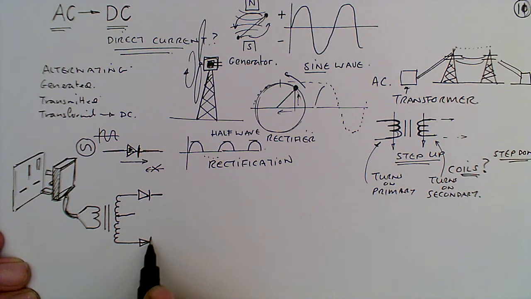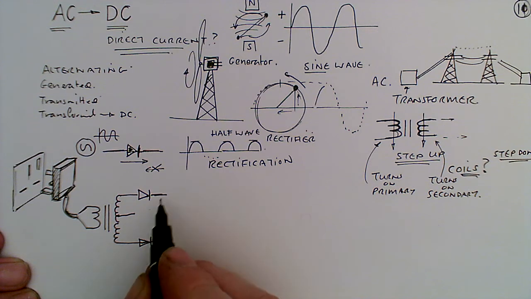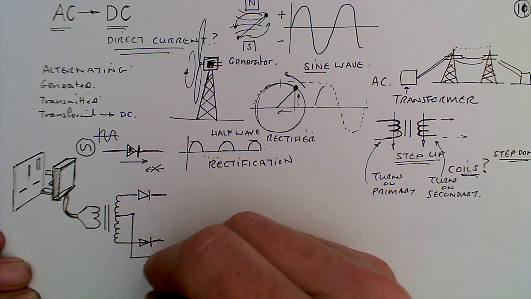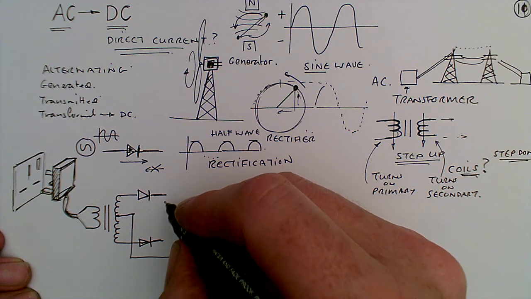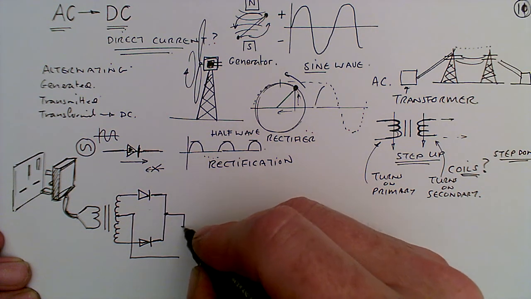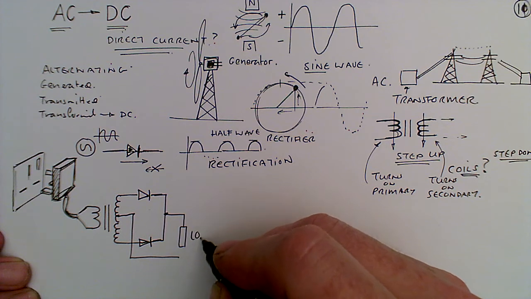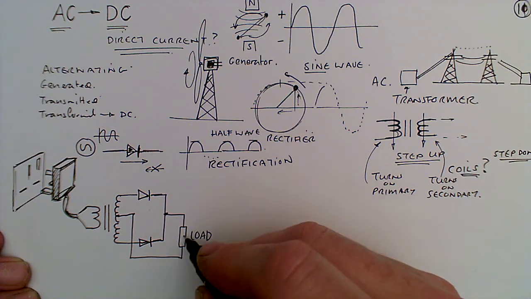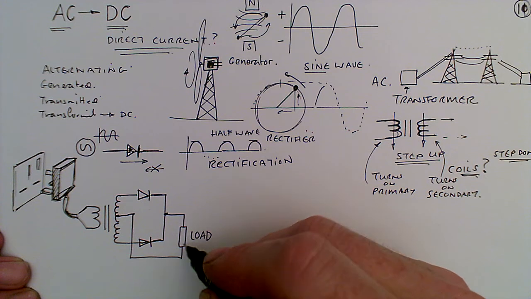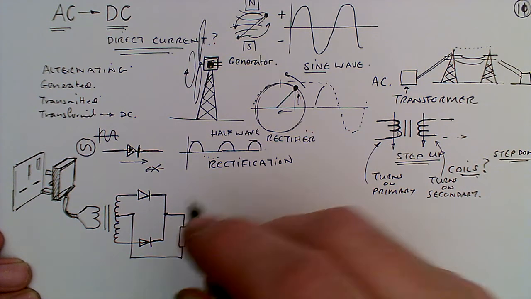I have two diodes, like so. And then I can have a circuit. And I'll put a resistor here. I'm just going to label this as being the load. This could be anything. This can be your computer, this can be a motor, it can be whatever it is that you need a direct current for.